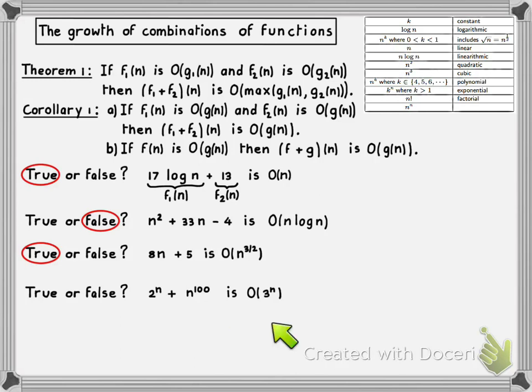Now, 3 to the power n grows faster than 2 to the power n since it's also an exponential function with a larger base. Therefore, this function is not only big O of 2 to the power n, it's also big O of 3 to the power n, and therefore the answer to this question is true.